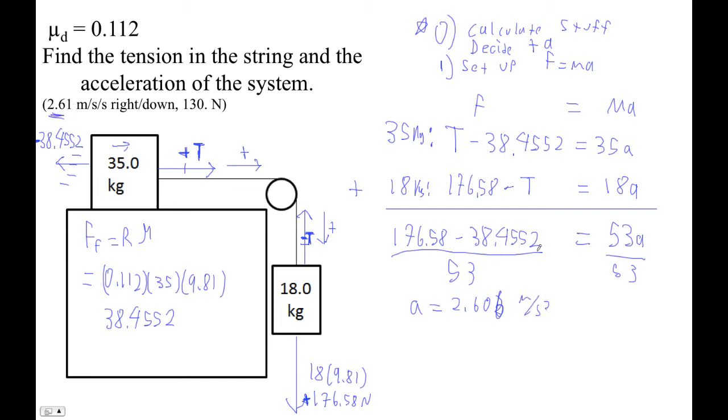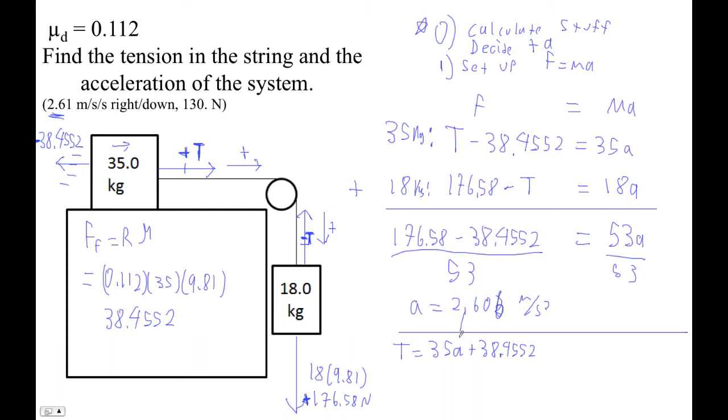Okay, so now we want to figure out what the tension is, and so I guess what I'm going to do is use this guy here. Okay, so tension equals 35A plus 38.4552, right?